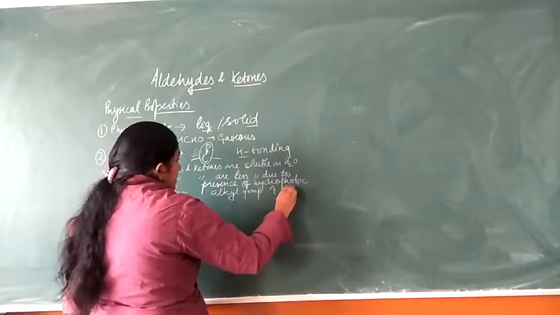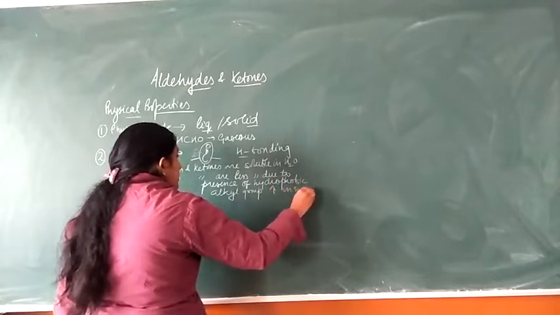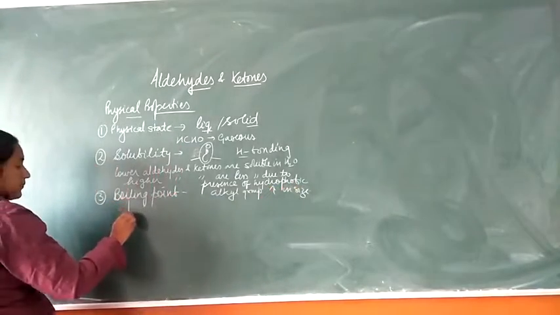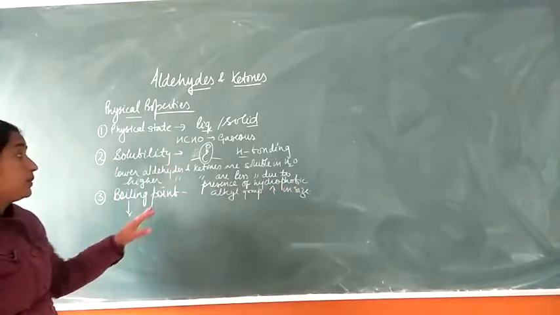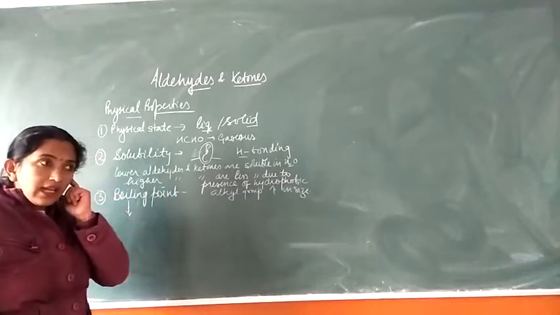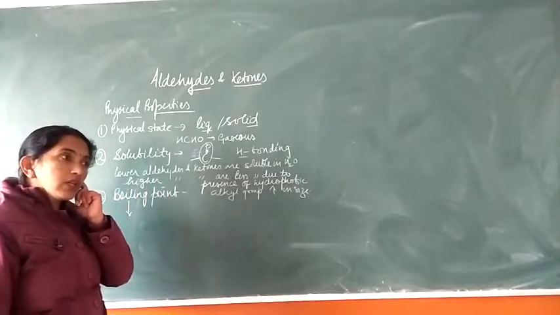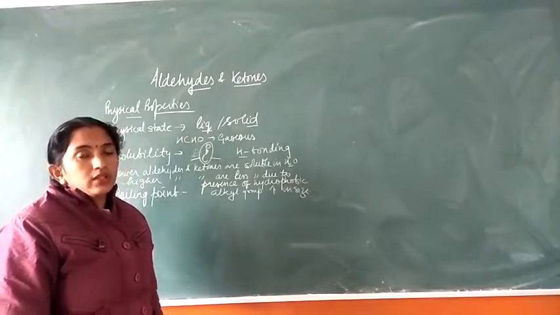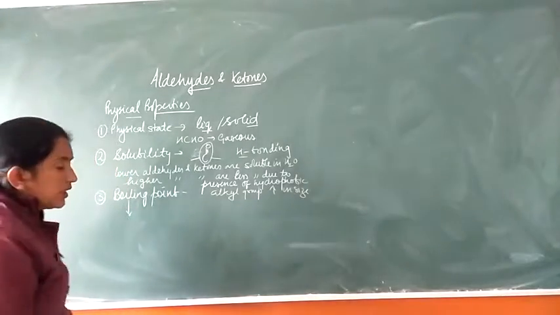As the size increases, the hydrophobic nature increases. But if we compare the solubility of aldehydes and ketones with alcohols, alcohols are more soluble in water than aldehydes and ketones.